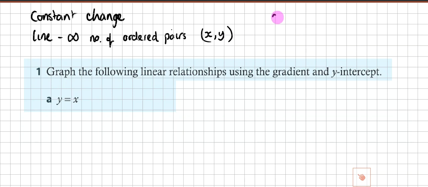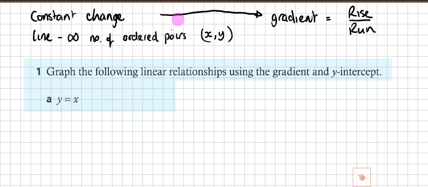Gradient is the constant change. Rise over run, which is also a nice straight line. The constant change works out whether it goes up or down. That is the gradient.